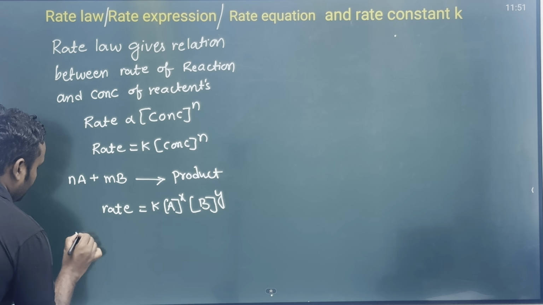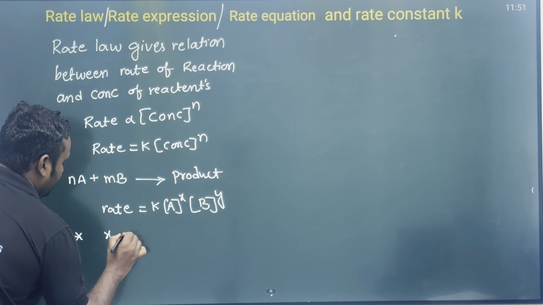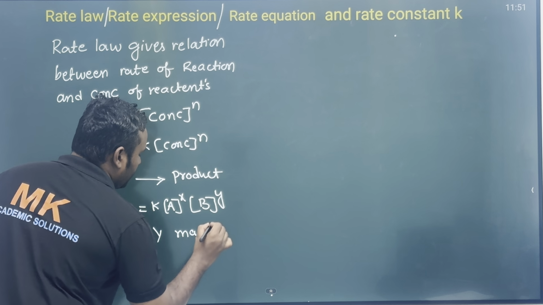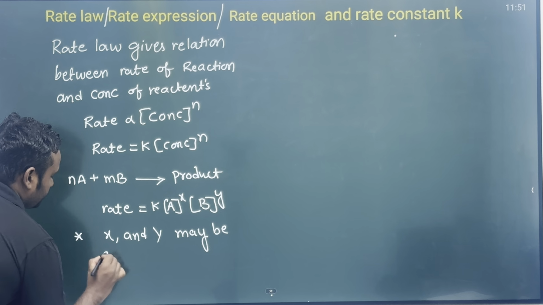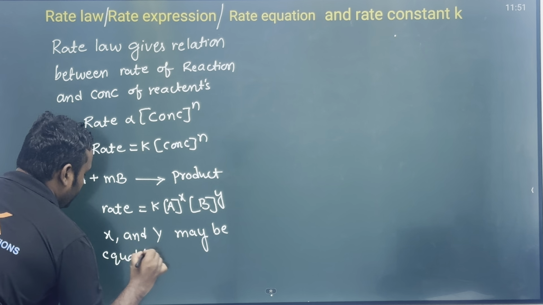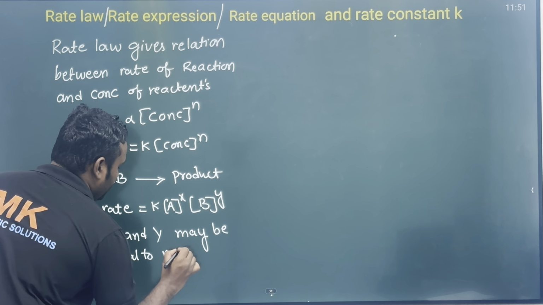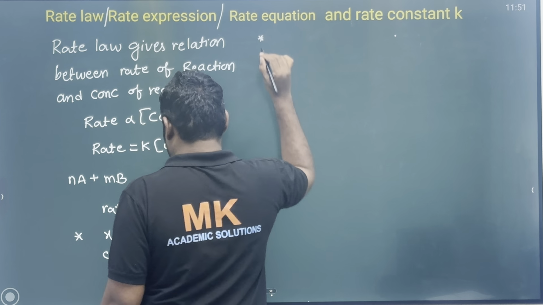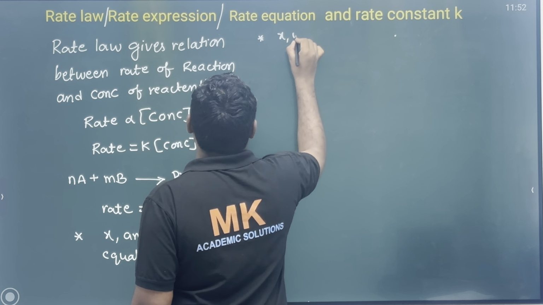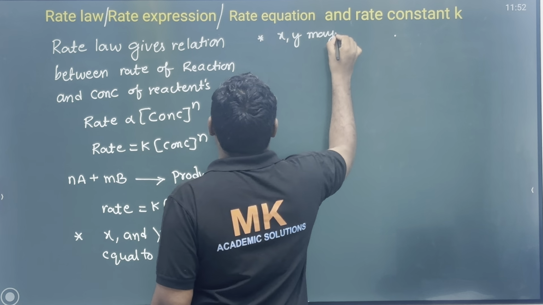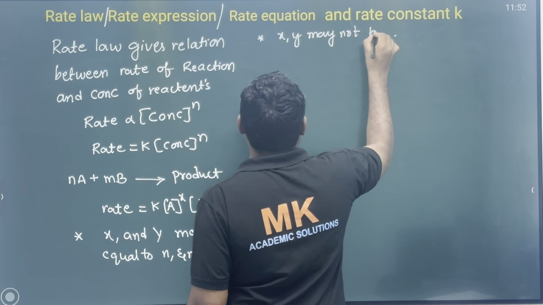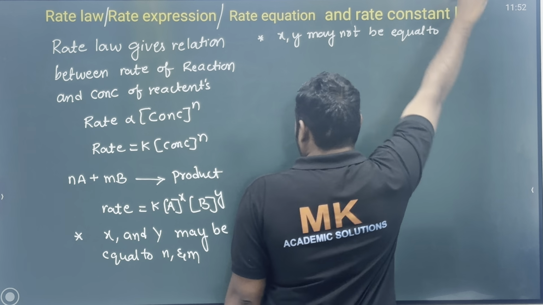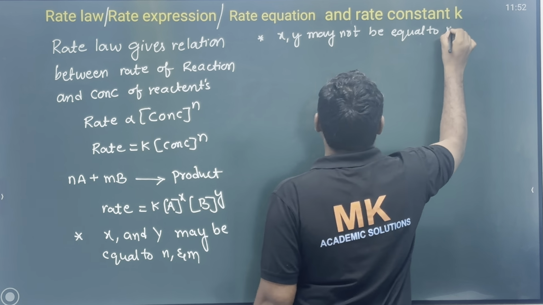So here x and y may be equal to n and m, or may not be equal to n comma m.